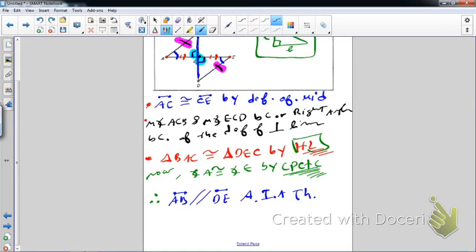Let me read it to you. CPCTC stands for the following: corresponding parts of congruent triangles are congruent. There you go. I'm so sorry. So CPCTC: corresponding parts of congruent triangles are congruent. That's what that means, okay?